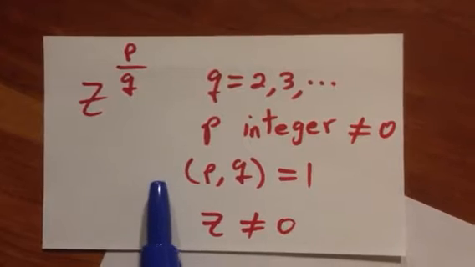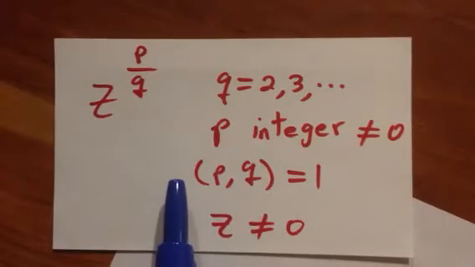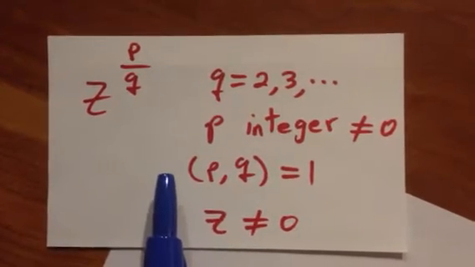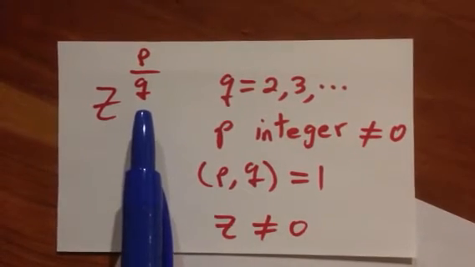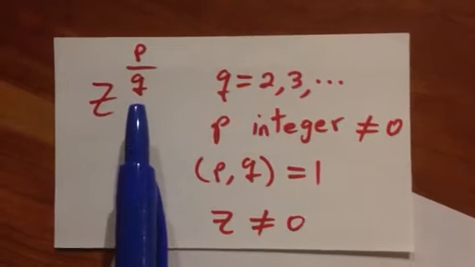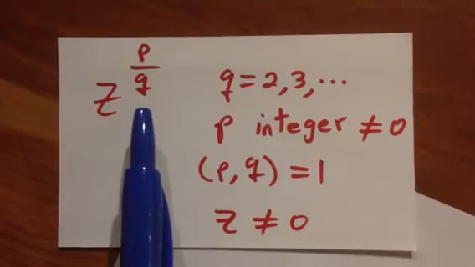And remember, we have made this assumption that p and q are relatively prime. In other words, the rational number p over q is in its reduced form.